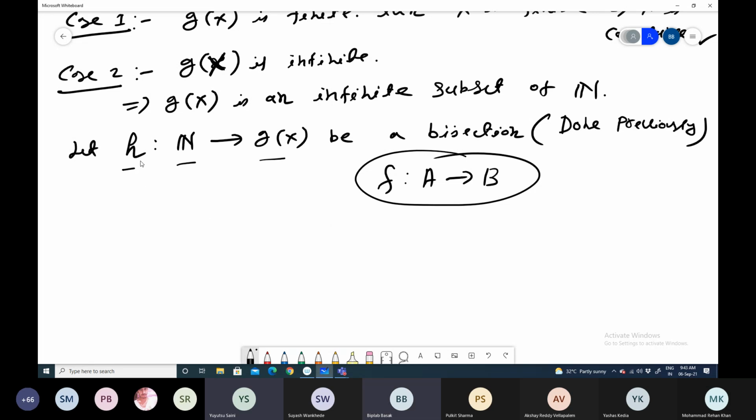But we have taken a new function H, so that is when you can get a bijection from n to Gx. We did this in the previous lecture: if Gx is an infinite subset of n, then there exists a bijection from n to Gx, and we have taken that bijection.